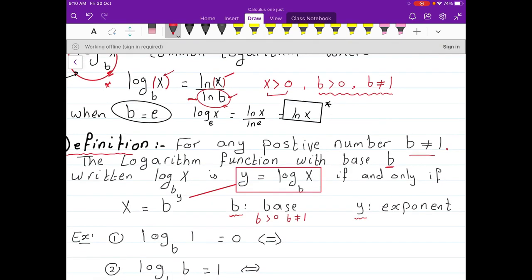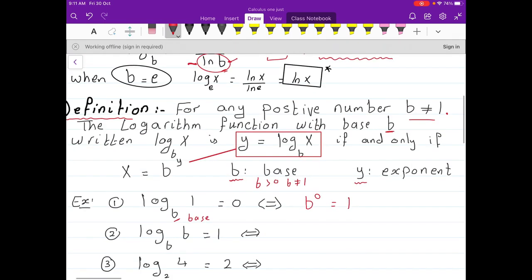For example, log 1 for the base b equals 0. This is the base and this is the exponent. This means b to the power 0 equals 1. What do we mean by log b for the base b equal 1?